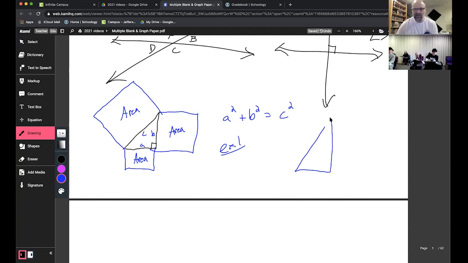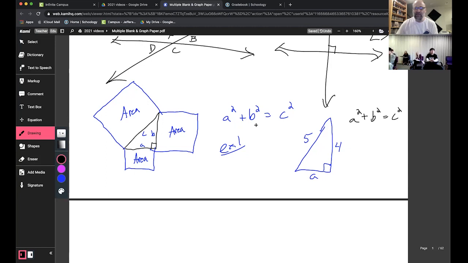Here's a right triangle. One side is A, one side is 4, one side is 5. I want to find A. First thing I always start with is the theorem: A squared plus B squared equals C squared.